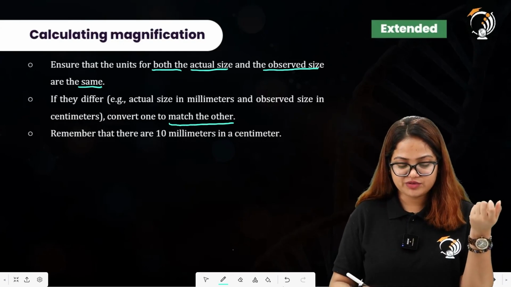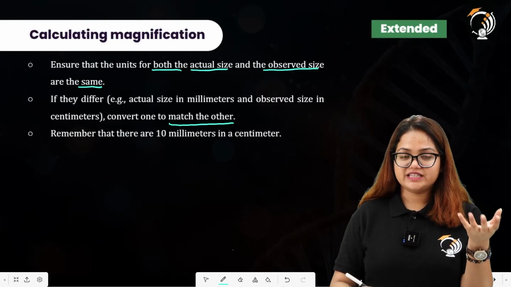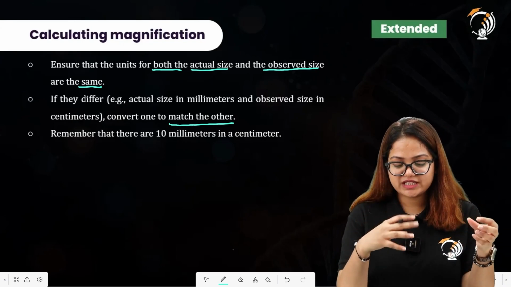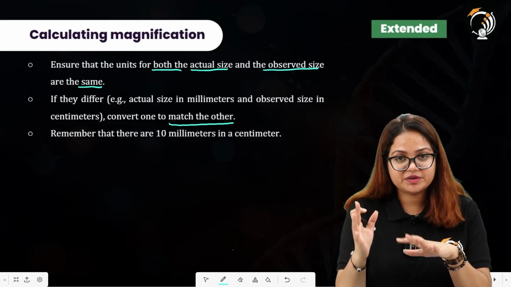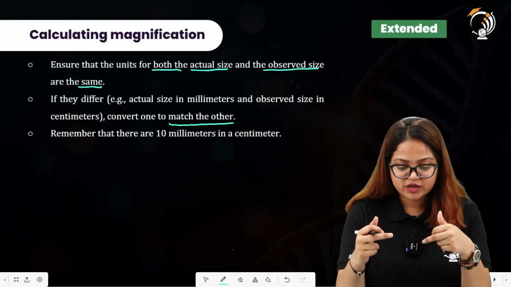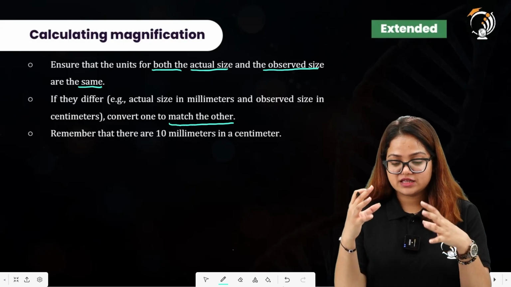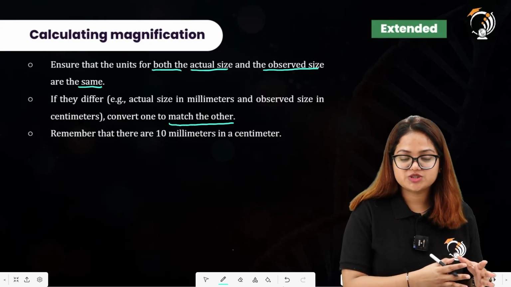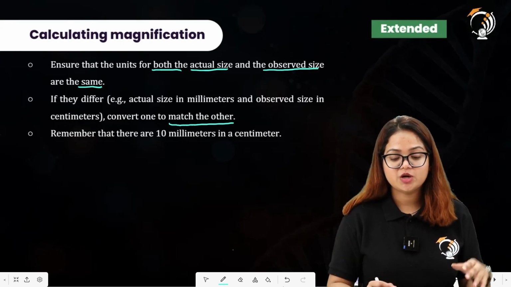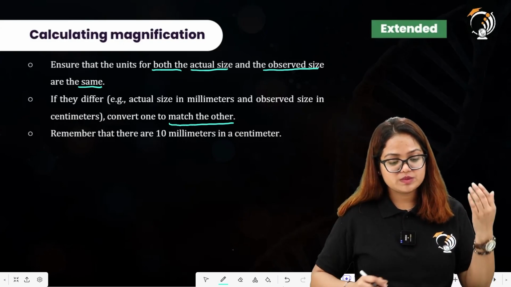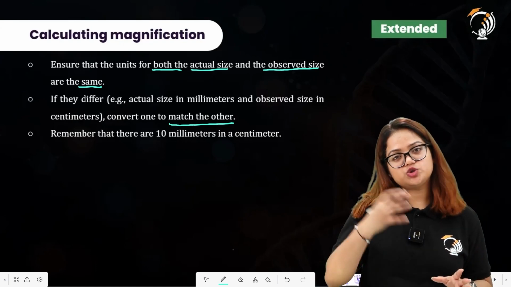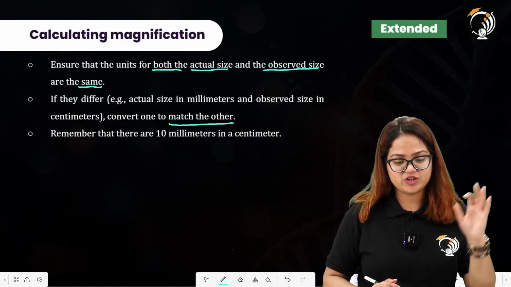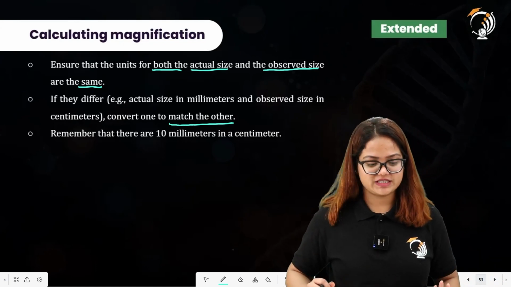So basically, to calculate the answer, you can either convert the actual size from millimeter to centimeter, or you can convert the observed size from centimeter to millimeter, keeping both the units the same for the observed size and the actual size.